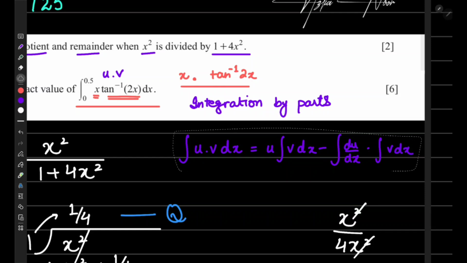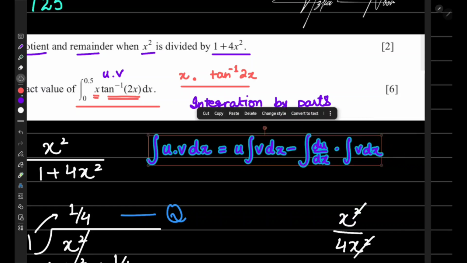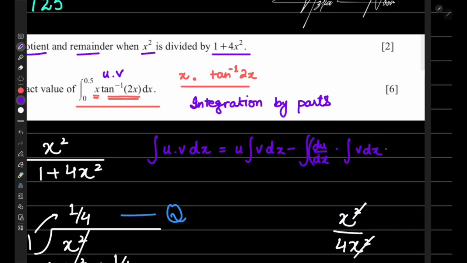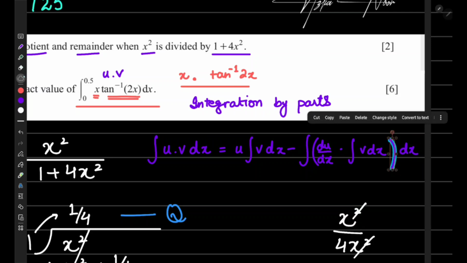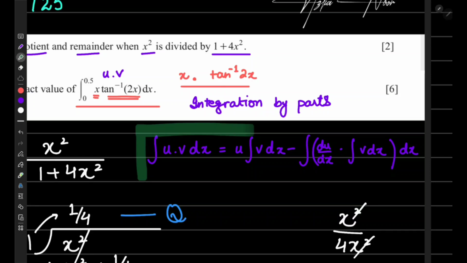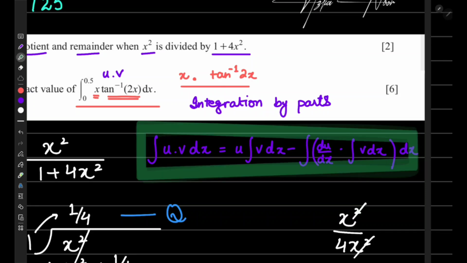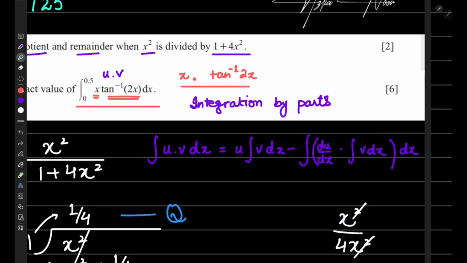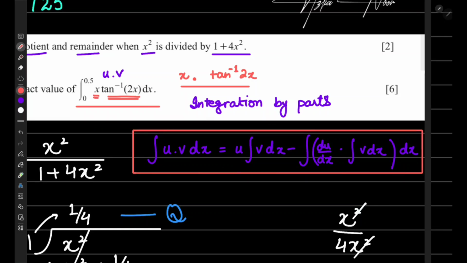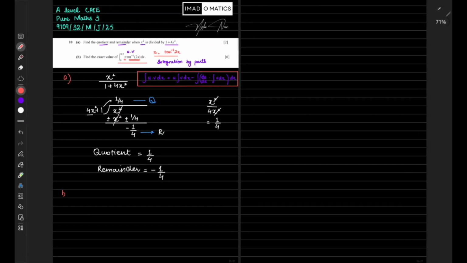Just need to arrange it a bit. So this is your integration by parts formula.